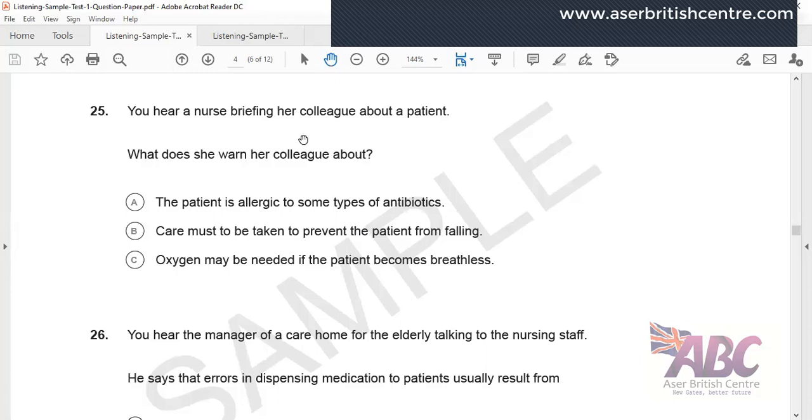The question here: what does she warn her colleague about? So, when reading this one, burn it into your head while listening. What does she warn her colleague about? Warn him about what?